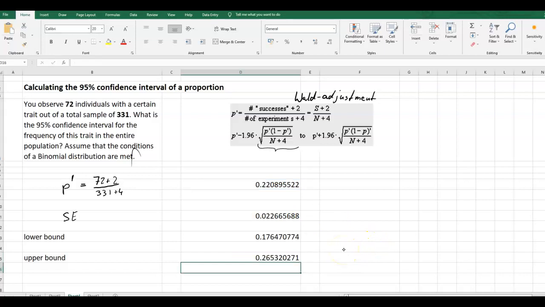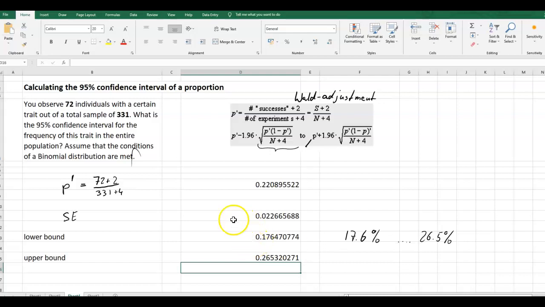So our 95% confidence interval for this proportion would be between 17.6% and 26.5%. So just from this sample, we would argue that between 17.6 and 26.5% of the butterflies or whatever we are looking at have this particular trait.